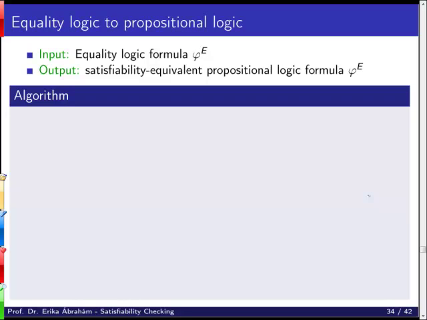Okay. So now we know how to solve equality logic formulas, arbitrary combinations of equalities. Now let us try to formalize an algorithm. As input, we have an equality logic formula that is a Boolean combination of equalities in negation normal form, and what we would like to have is a satisfiability equivalent propositional logic formula.